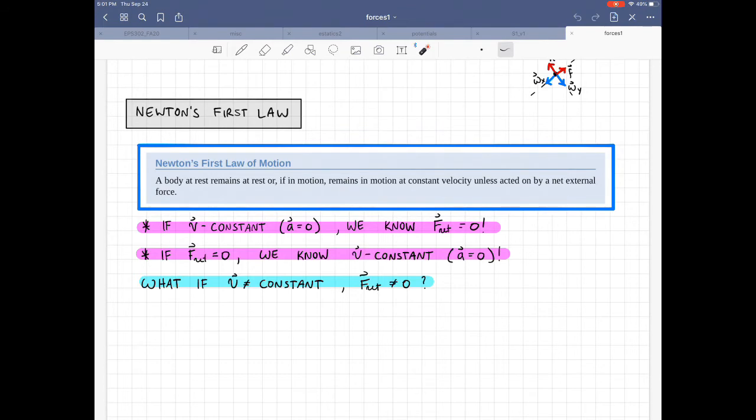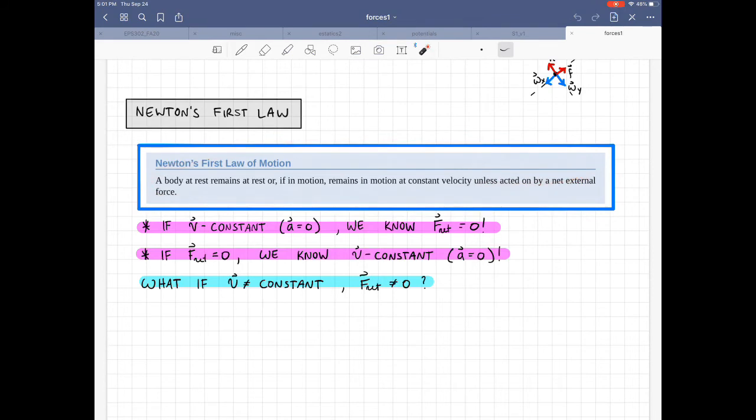So Newton's first law is worded a bunch of different ways depending on where you read it. Oftentimes it might be said an object at rest stays at rest, or an object in motion stays in motion unless acted on by a net force.